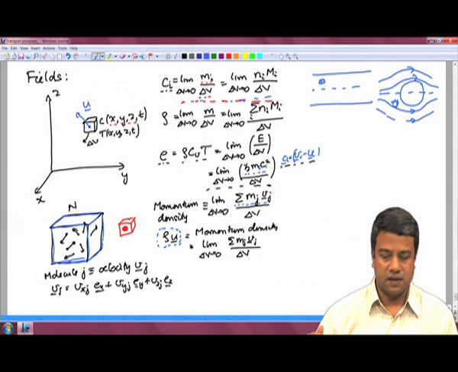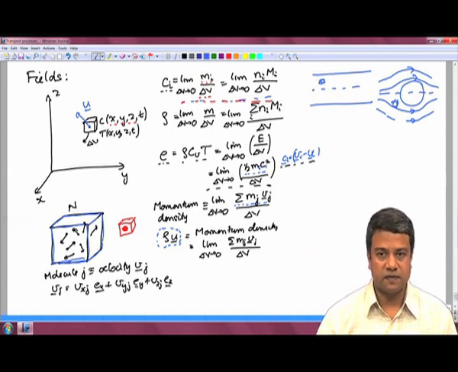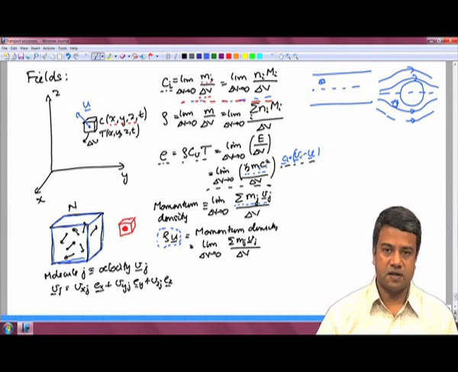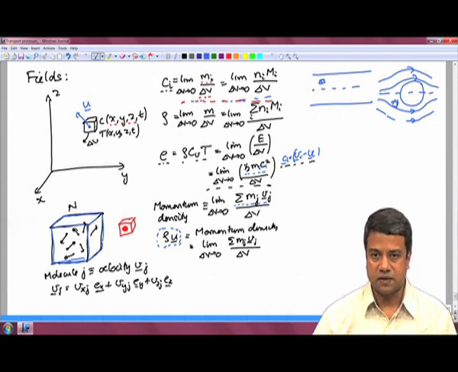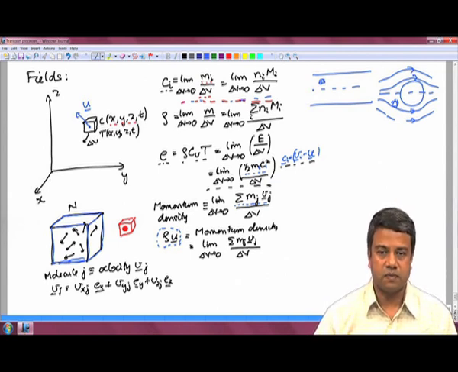So that each volume contains many molecules, so that one can sensibly define average quantities within that differential volume. But it is still small enough that it captures the variations in the properties in the system. It has to be much smaller than the system size, so that it captures the variations in properties in the system. It is only in this intermediate range that we can use a continuum approximation.